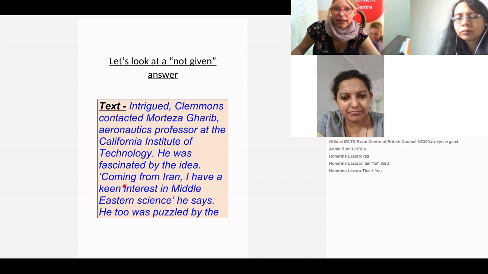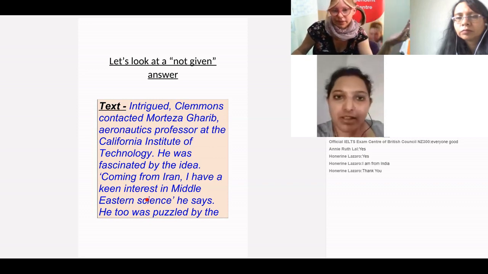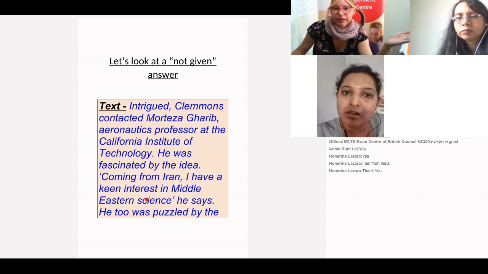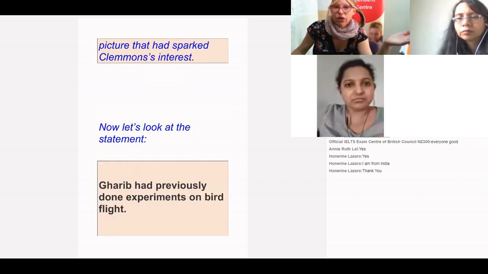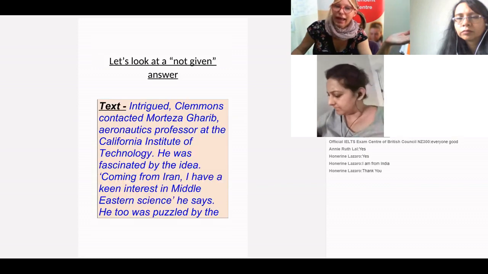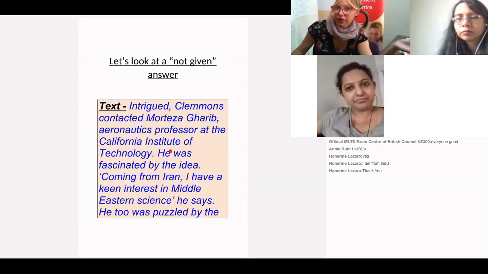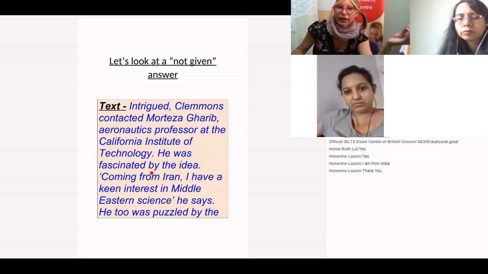So what it does say is, coming from Iran, I have a keen interest in Middle Eastern science. So he says that he's interested in science, Middle Eastern science, all right? But nowhere does it say anything about how he did an experiment. And it doesn't give us a clear picture about the bird flight either.